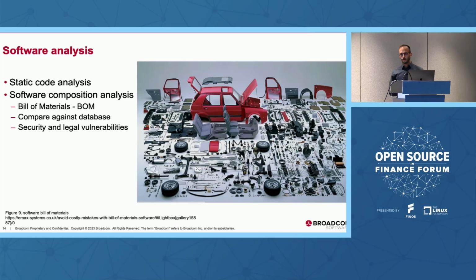You can either update those dependencies. If not possible, you can remove them or replace with something else if there are no updates. And the same goes for legal vulnerabilities, because you should be using only software that allows this from its license.